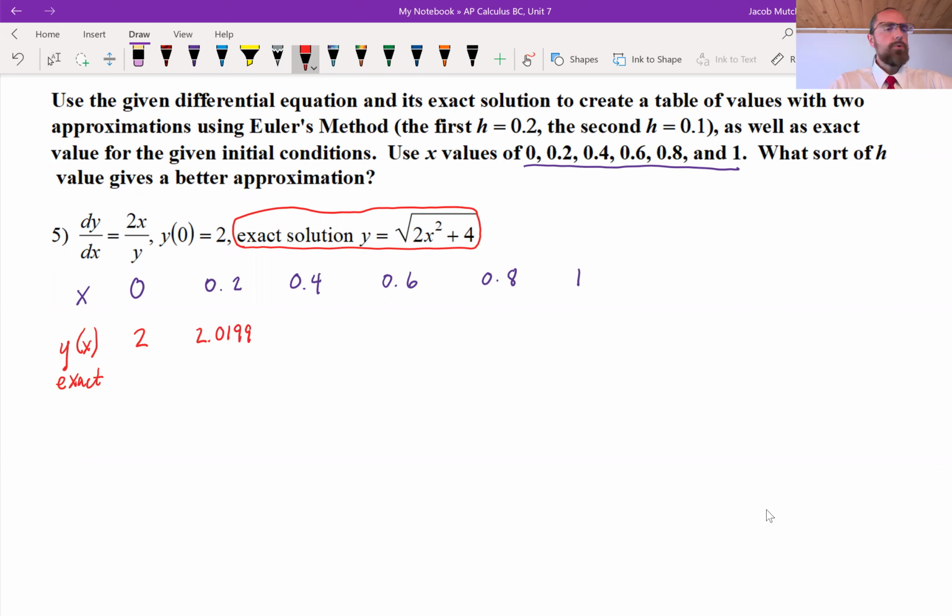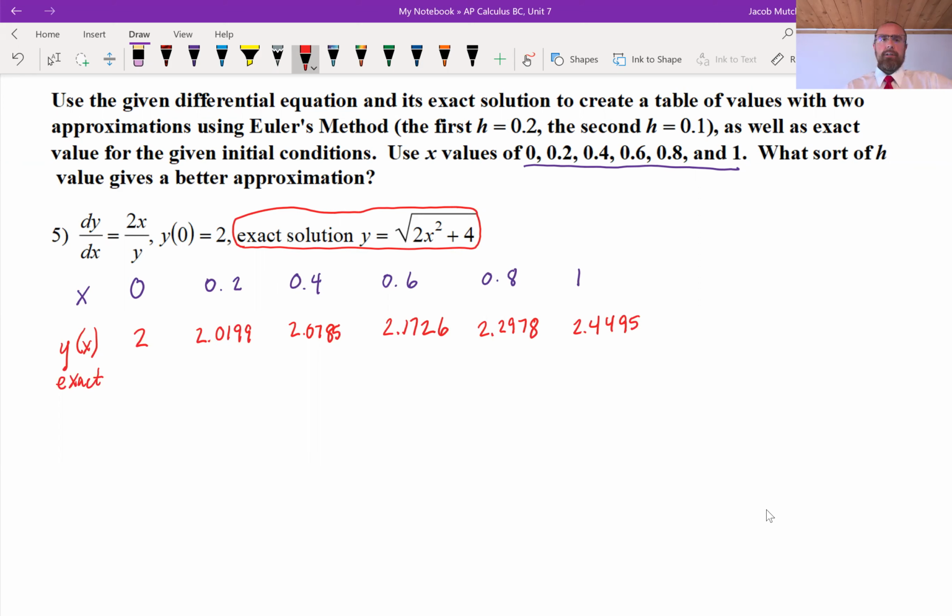At 0.4, it was 2.0785, 0.6, 2.1726, 0.8 was 2.2978, and at 1, 2.4495. So there's our baseline. Those are the exact values.